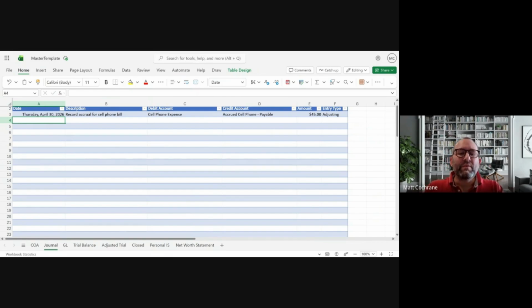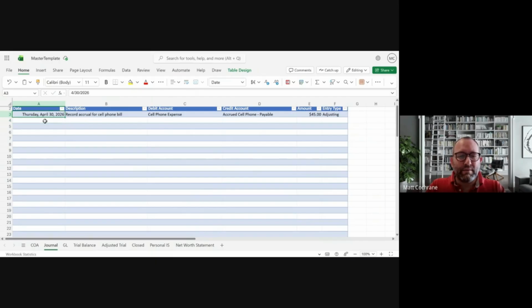Utilities, remember that we have to make an estimation here. So we're going to assume that the last bill said $300 and that there were 30 days, which represents $10 per day. And we're going to say that there are 20 days that are used but not accounted for. So we have to accrue them. So the 20 days times the $10 per day is equal to that $200, which is going to be recorded here.